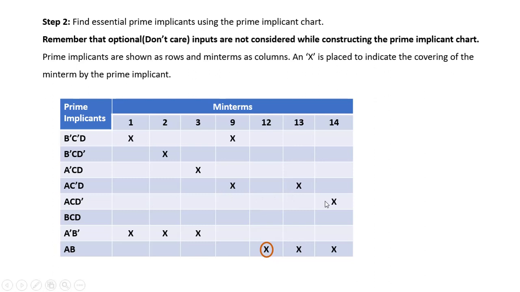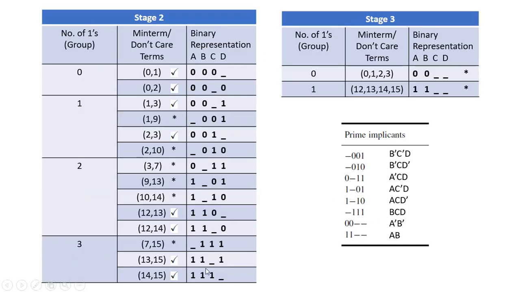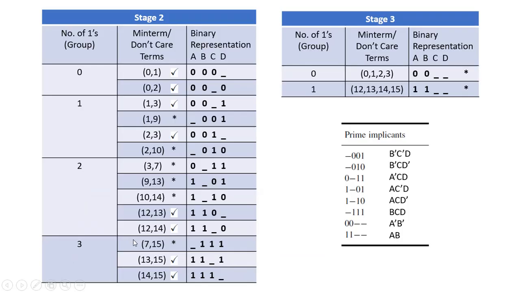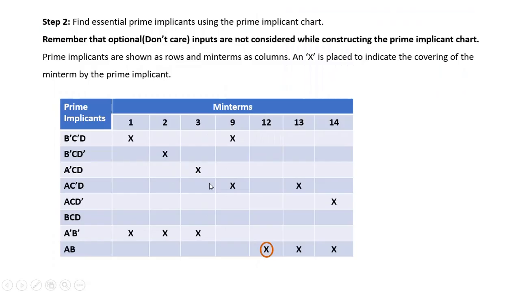Then B C D covers 7 and 15, and both were don't care, so it covers no minterm. Then A bar B bar covers 0, 1, 2, 3. 0 was don't care, so it covers minterms 1, 2, 3.